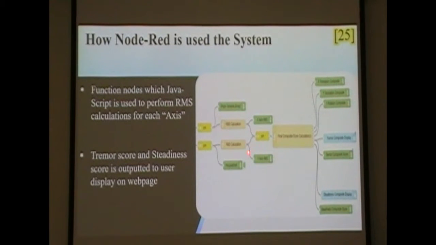After the RMS values are calculated for each axis, they go into a joining node, which sends out those two numbers in one array, and the final composite score calculation function sends those numbers out to the display for both the clinician and the patient to see if desired.